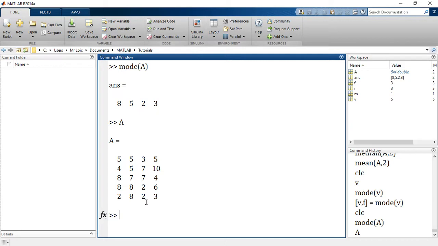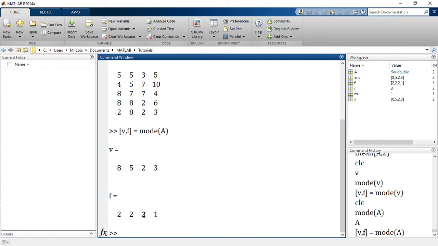Here we have 2, and here we have 3, all of them occur once, so you take the minimum value of all of them. We can get also the frequency by simply changing here to A, and then we have 8 occurs twice, 5 occurs. But it does it, as we know, per column.